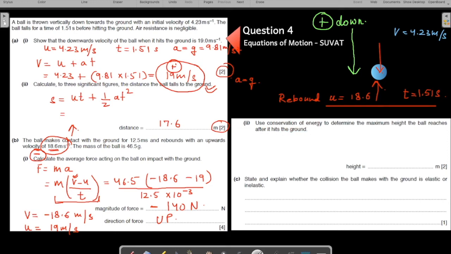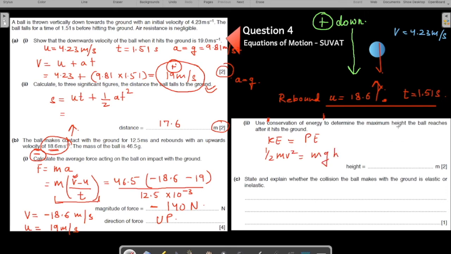Conservation of energy, how do you use it? In the most simple form, the kinetic energy when the ball has hit is the same as the potential energy at the topmost point. So half mv squared is equal to mgh.